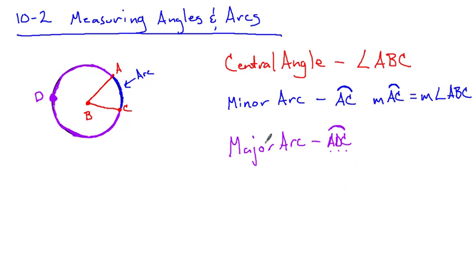Okay, so the minor arc and the major arc together make up the whole circumference of the circle, and they add up to 360 degrees, which makes this pretty easy to find the measure of our major arc, ADC, which is just equal to 360 minus the measure of angle ABC.